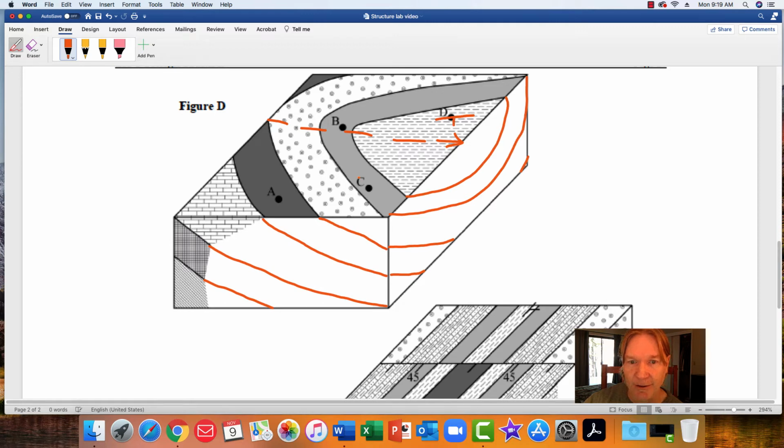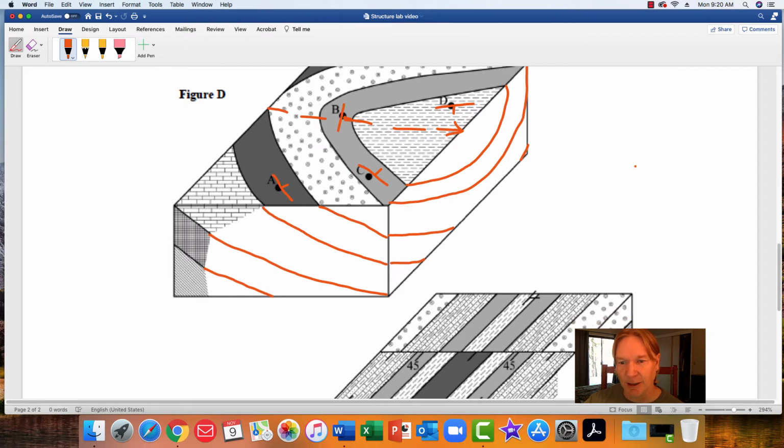There's the dip, strike, dip, strike, dip. And then over here at B, right at the nose of the fold, strike's going to be like that, tangent to this curve, and the dip is going to be going in that direction there. Okay. All right, so we've got a plunging syncline down.